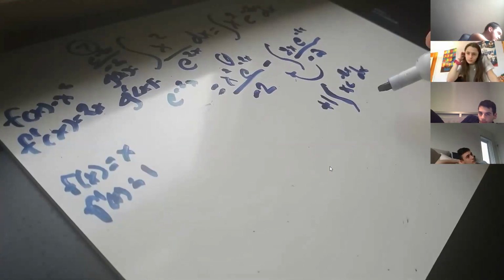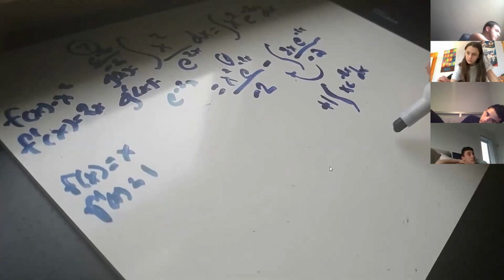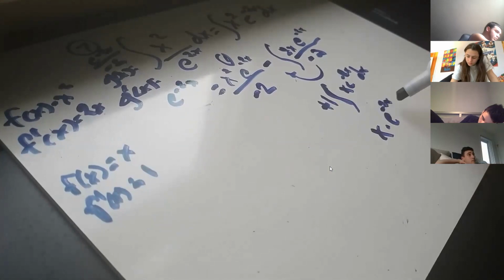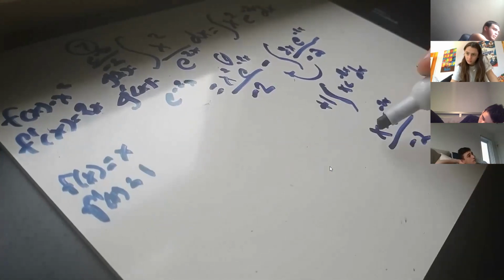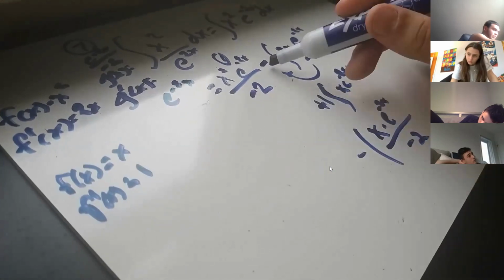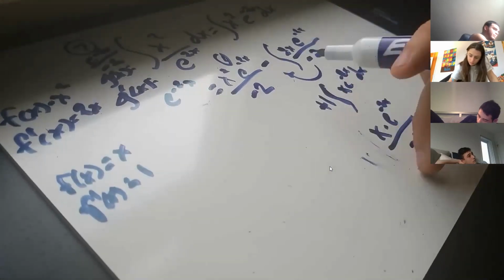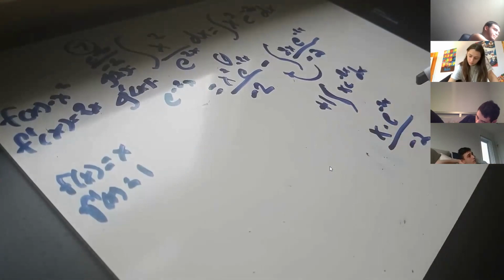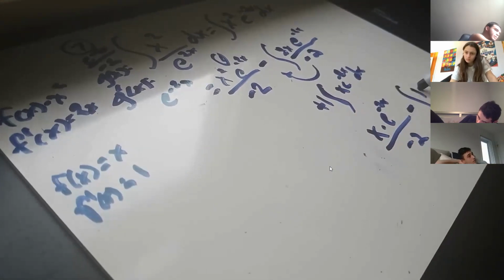So f of x times g of x is x times e to the negative 2x all over negative 2. Then minus, because it was a plus sign, the integral of f prime, which is 1, times e to the negative 2x divided by negative 2.